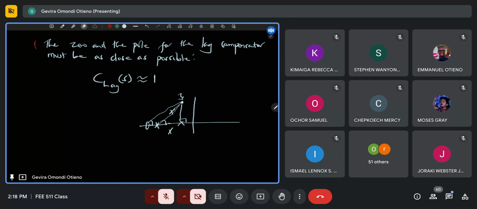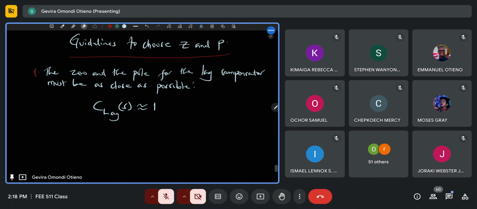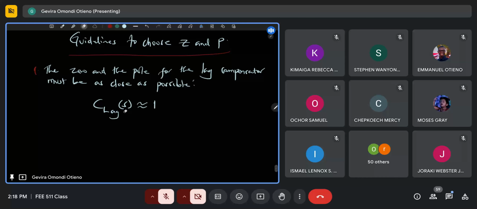So in this case where we are using the lag compensation, we have to ensure that the pole and the zero location are as close as possible. Remember, we had said previously that in a lag compensator, we need to have the pole closer to the origin and then the zero.